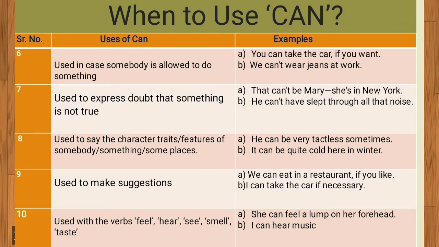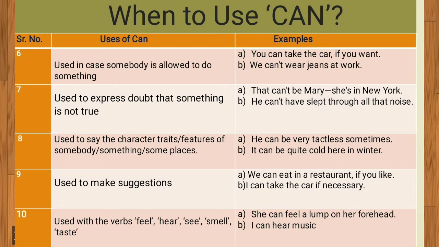So to show the characteristics of a particular place or the character traits of a particular person or thing, we use can sometimes. Next, we use can to make suggestions. For example, we can eat in a restaurant if you like. Second example is, I can take the car if necessary.